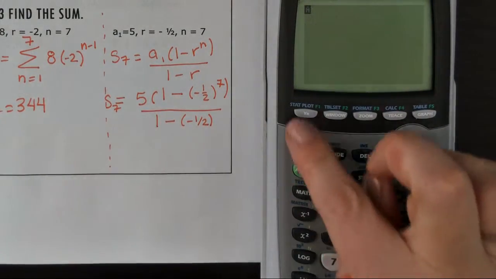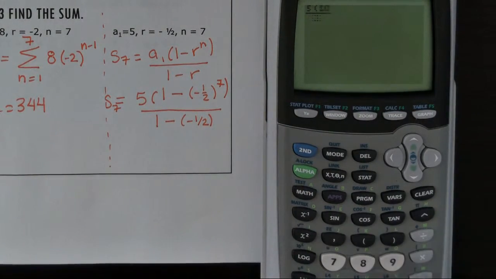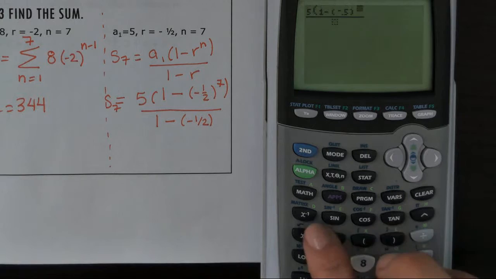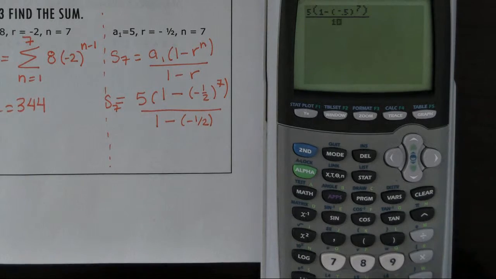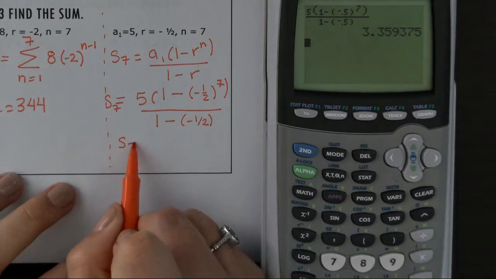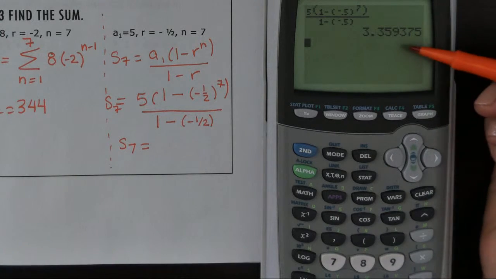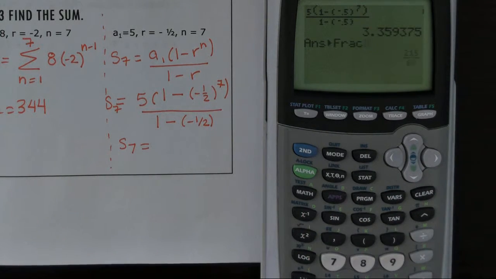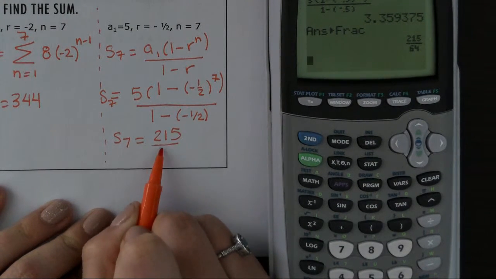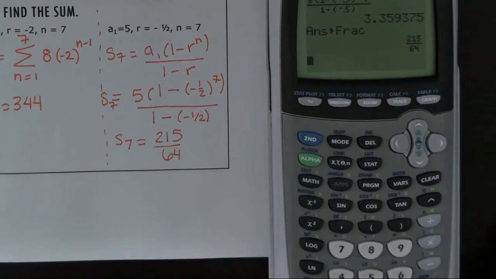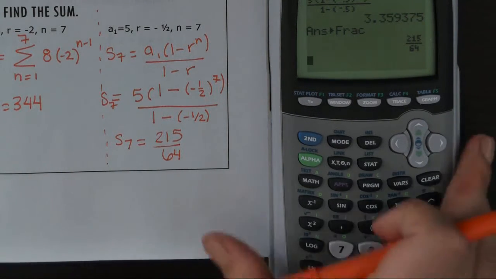Okay, and we can put this into the calculator. So that's 3.359..., and I just want to make that into a fraction, a little bit more exact: 215 over 64. So that's the sum of the first 7 terms.